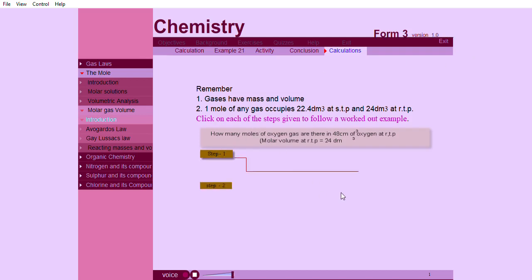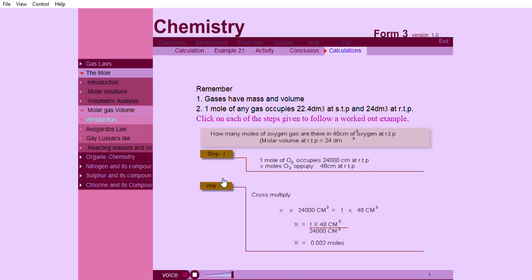Step 1. 1 mole of oxygen gas occupies 24,000 cubic centimeters at room temperature and pressure. X mole of oxygen gas occupies 48 cubic centimeters at room temperature and pressure. Step 2.